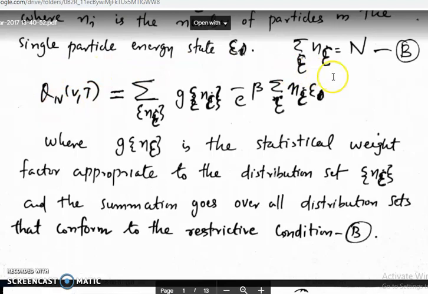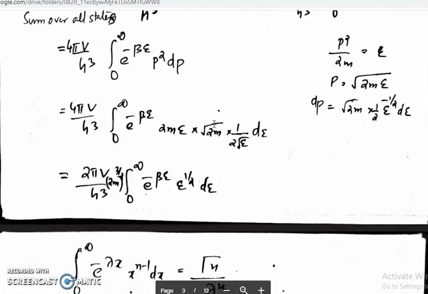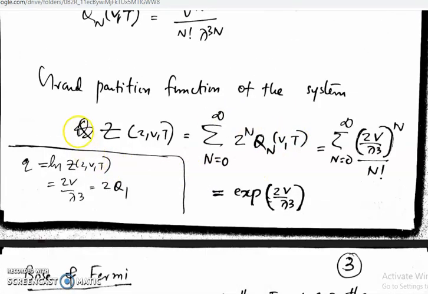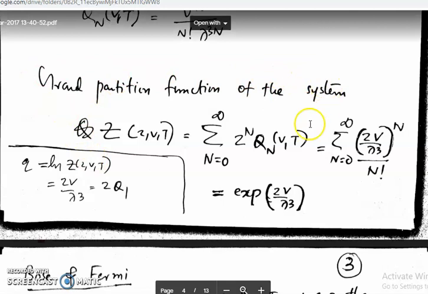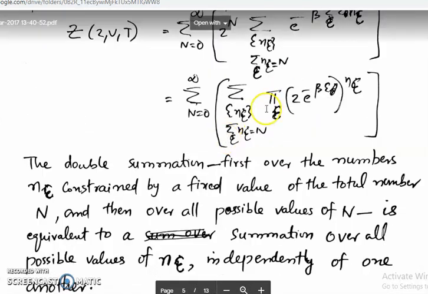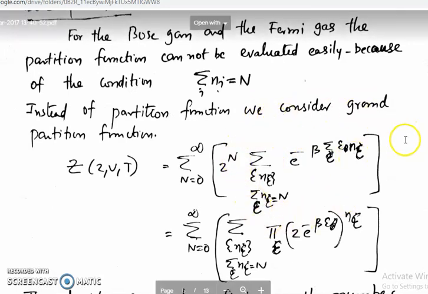This is the grand partition function of the system. So we give the partition function here.